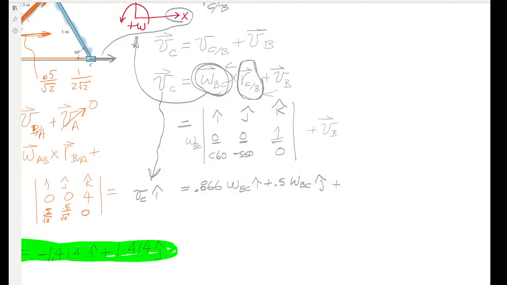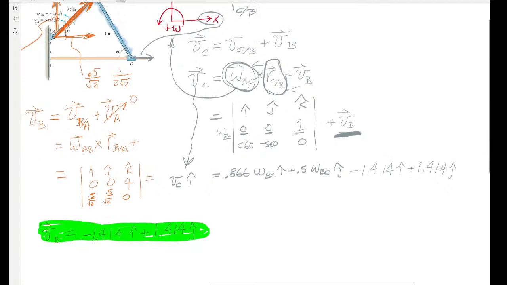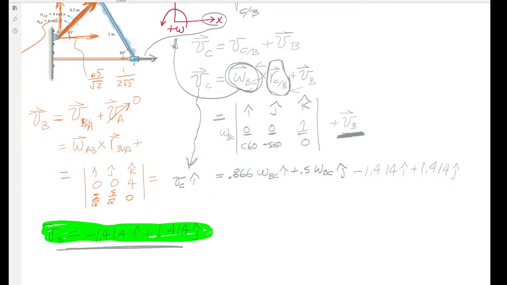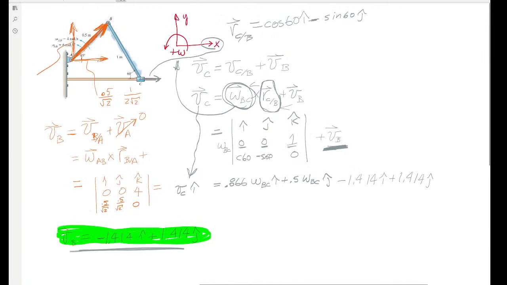Finally, I can add this component back over to here. So I can add the point. I'm going to go ahead and drop that and add 1.414i plus 1.414j. That's because this is velocity of B, and this was the velocity of B from last time. Now, I didn't check along the way here from this velocity, but let's do that real quick.